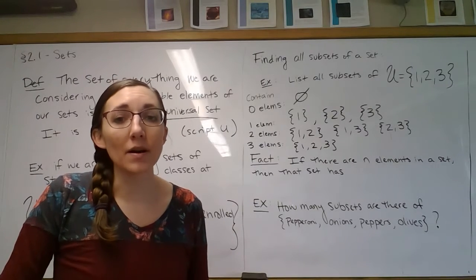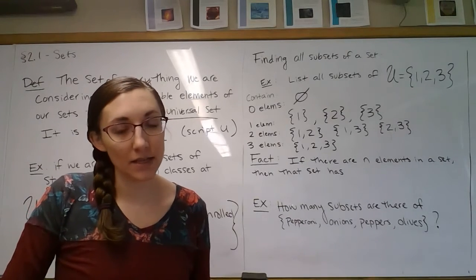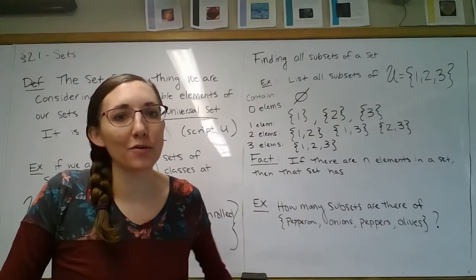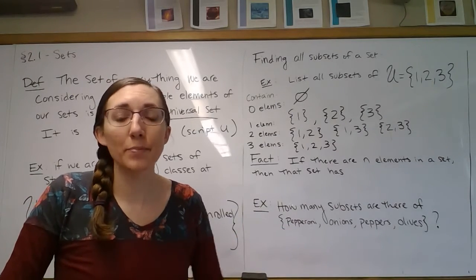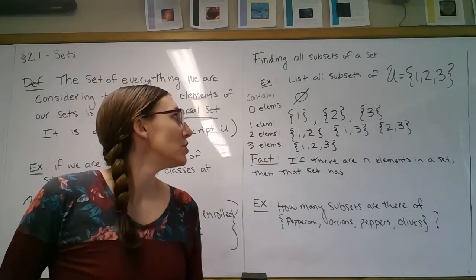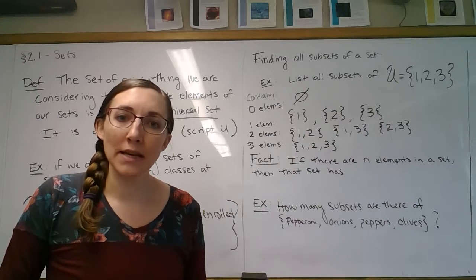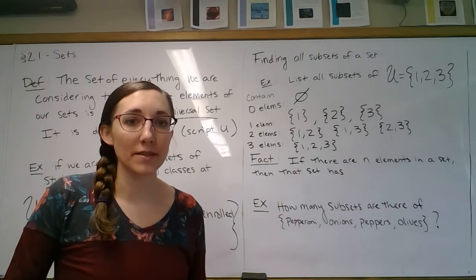Also remember that rearranging elements is not a new set. So I would not write down the set containing 3, 1, and 2, because it's not new, it's something I've already written. So these would be the only unique subsets, and these are all of the subsets.